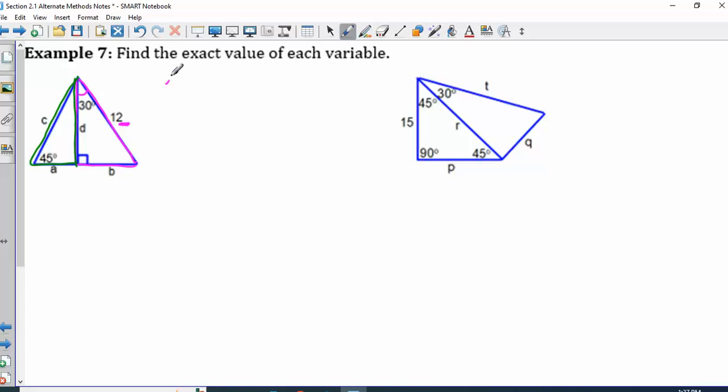So what we can say is the sine of 30 degrees equals my opposite side, which is B, divided by the hypotenuse, which was 12. What is the sine of 30 degrees? 1/2. So I can substitute that in. Cross multiply. And we get that side B is 6.